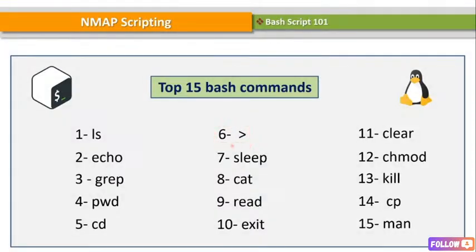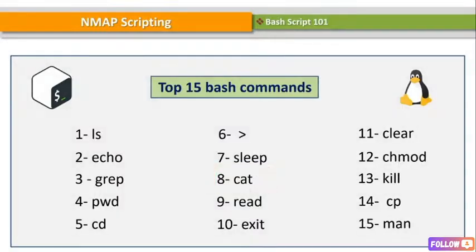The seventh is sleep. The sleep command will delay a process for a specified amount of time. The eighth is cat. The cat command is one of the more versatile commands and serves three main functions: displaying files, combining copies of them, and creating new ones.